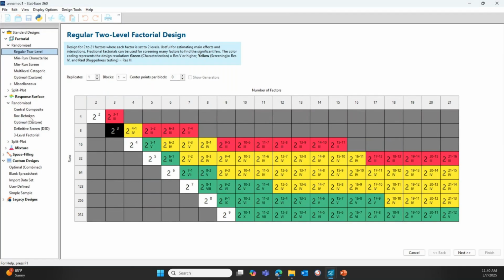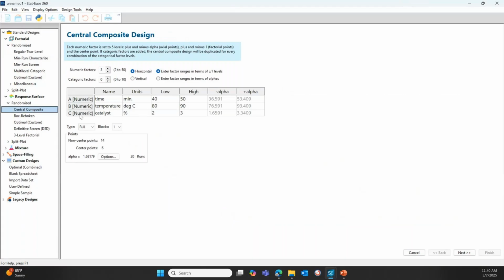There are other choices, Box-Behnken and optimal, etc. We're going to look at the central composite, probably the workhorse of many response surface designs. We have three factors: time, temperature, and catalyst, and we put in the minimum and the maximum, etc. There are a lot of other switches here that we could use, but we're going to just accept the defaults for now. We'll click next to build this up.